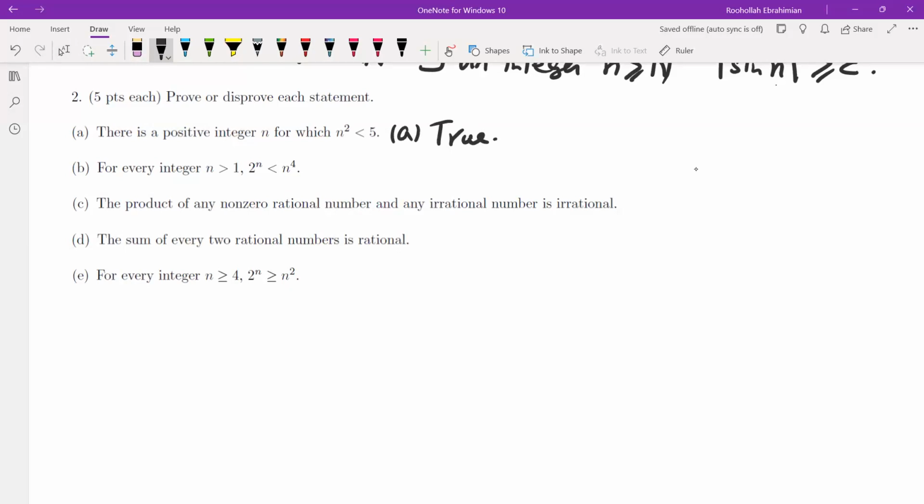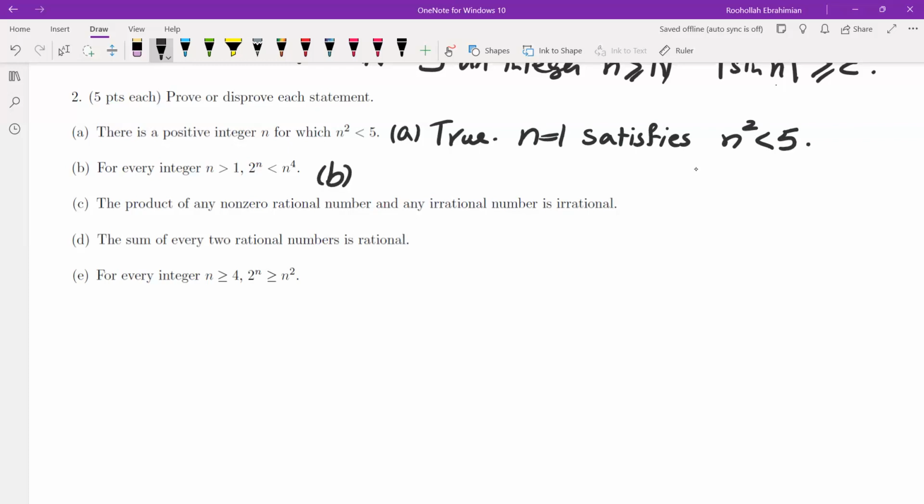So all we need to do is to provide an example. So n equals 1 satisfies n squared less than 5. We do not need to provide 2, 3, 5 examples. Only one example is enough. And in this case, we have only 2 examples. n equals 1 works and n equals 2 also works. But we don't need to provide both of them. Only one of them is enough.